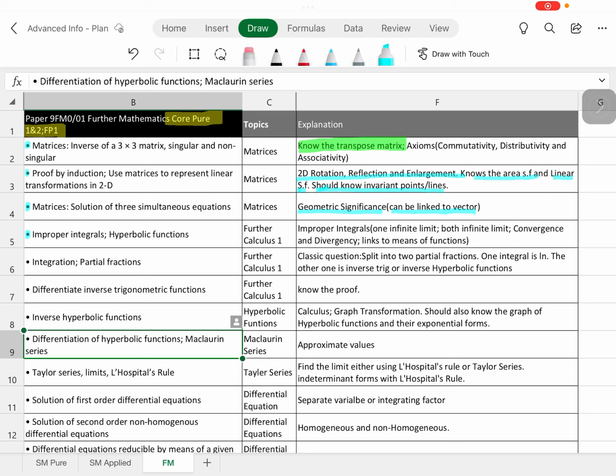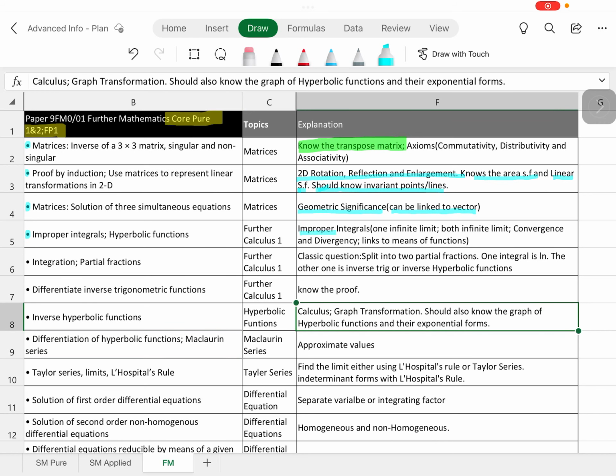Improper integral and hyperbolic functions. So this one I labeled as under improper integrals, and that's under further calculus. So the improper integrals, you can see here, I have listed potentially all kinds of improper integrals.